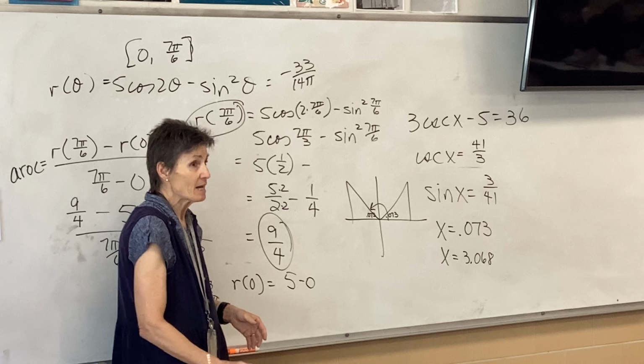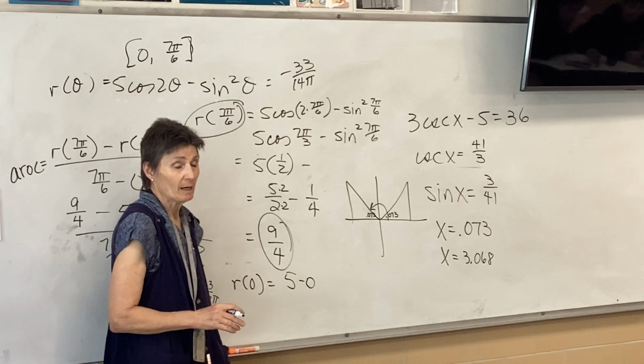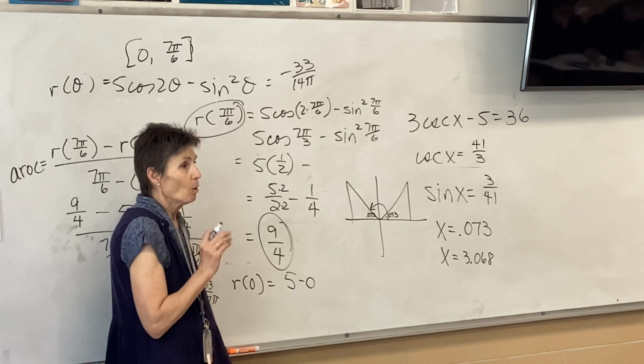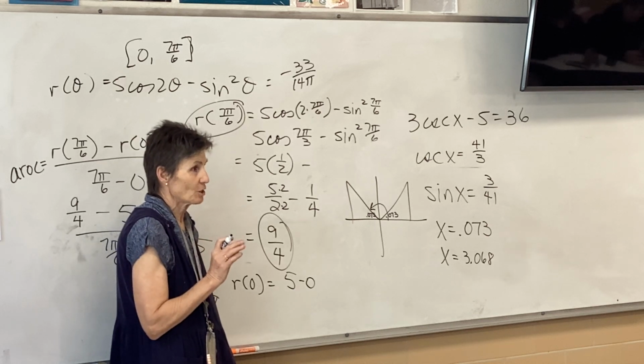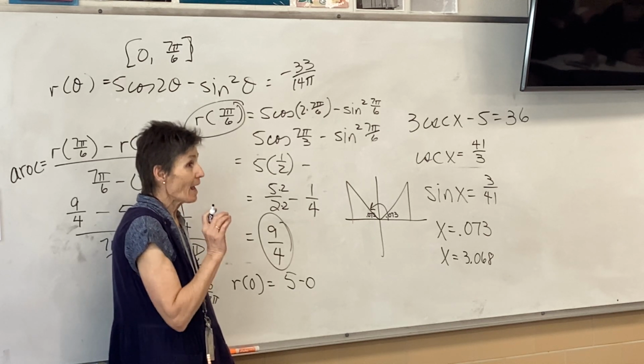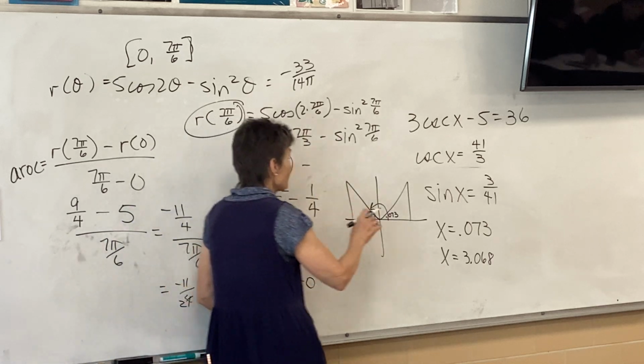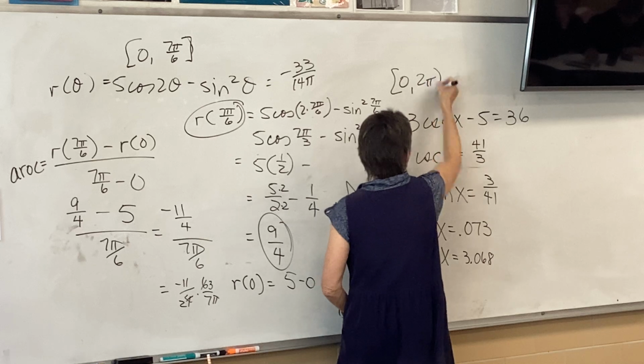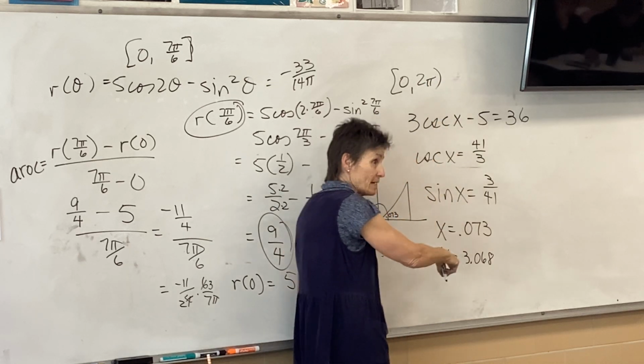Now I have to be careful because whoever wrote the worksheet, me, didn't give you any directions. So actually, if the directions had been as they have been on a lot of problems, then that would be the answer.